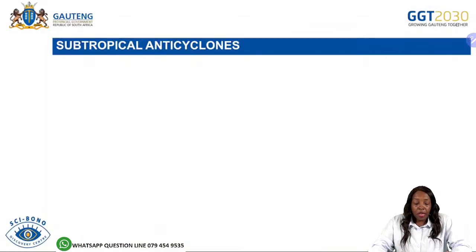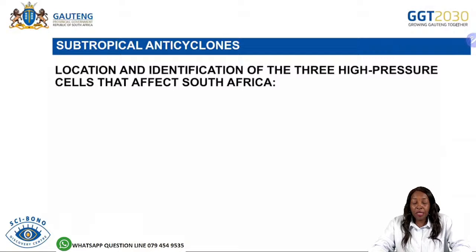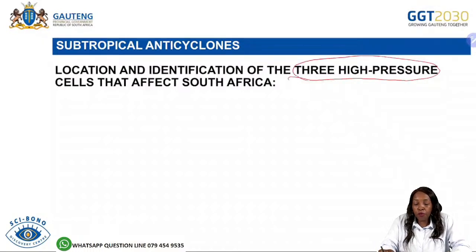Okay, then we are also going to look at the location and identification of the 3 high pressure cells that affect South Africa. Remember, it is very important that we take note of how these 3 high pressure cells have an influence over South Africa, because we've already indicated that South Africa is found within this subtropical high pressure belt.